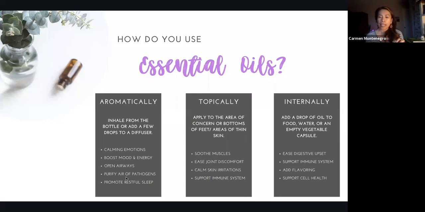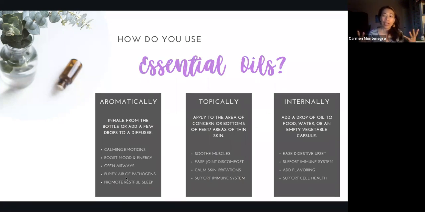Internally, you can add a drop of oil to food, water, or an empty veggie capsule. For water, I love using citrus oils. The only thing is that citrus oils eat petrochemicals. Petrochemicals are a synthetic form, which you can find in plastic or any other synthetic material.